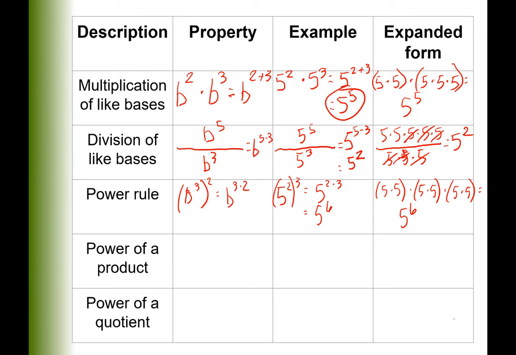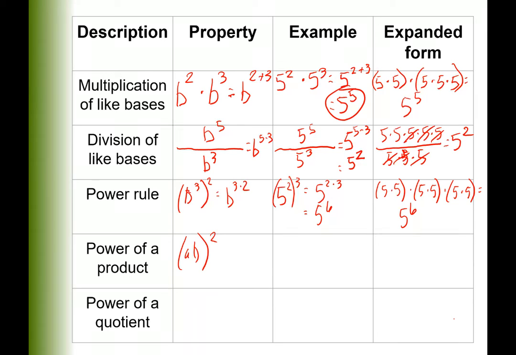Now here's where things get possibly a little crazy. Power of a product, power of a quotient. So power of a product. I'm going to add the letter A this time because we have two numbers that are multiplying one another. So A times B, and we are raising it to a certain power, like squared.